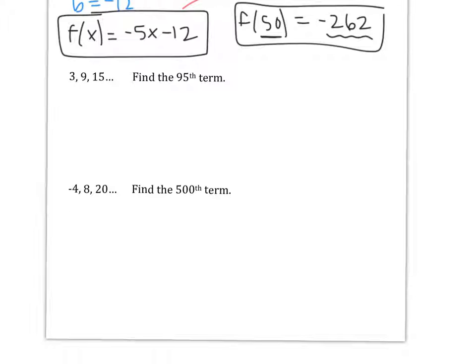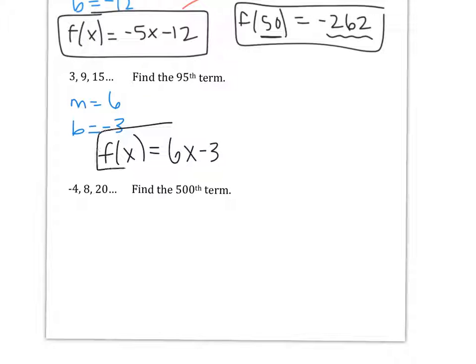All right, let's look at the next example here. Between 3, 9, and 15, our common difference is 6. If I find the zero term, what plus 6 is 3? That's negative 3, so negative 3 is my zero term. And I'll write my function, f of x equals 6x minus 3.